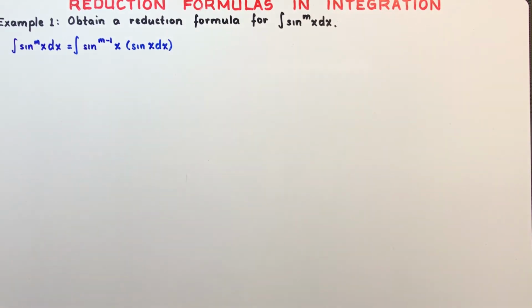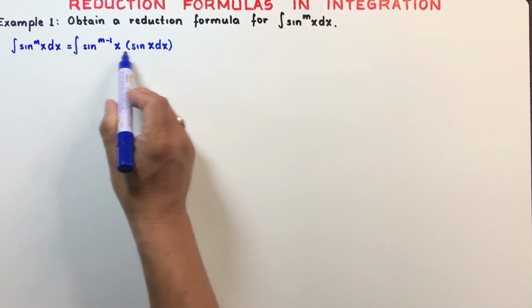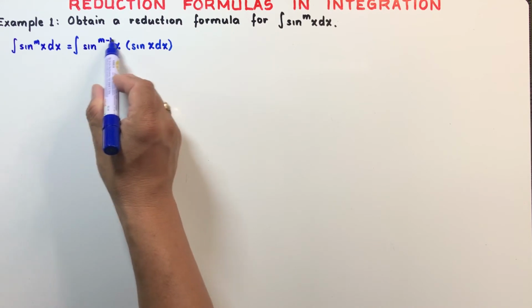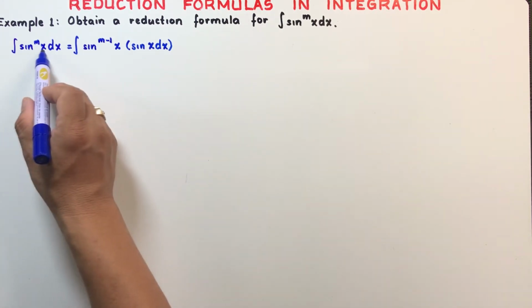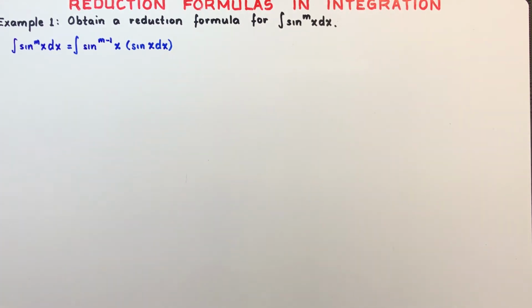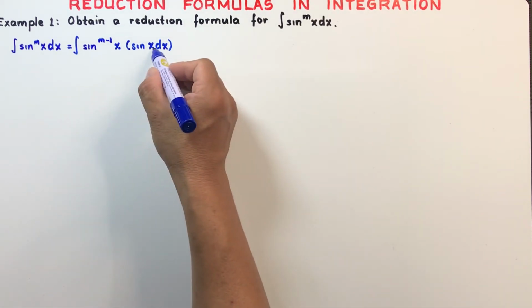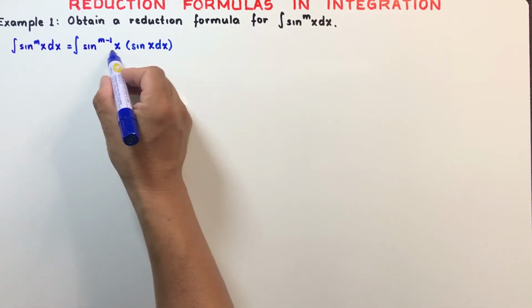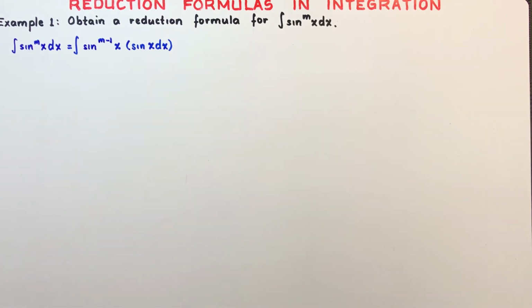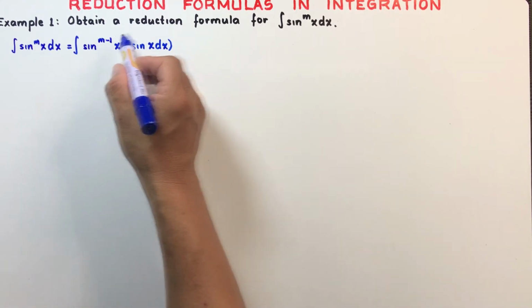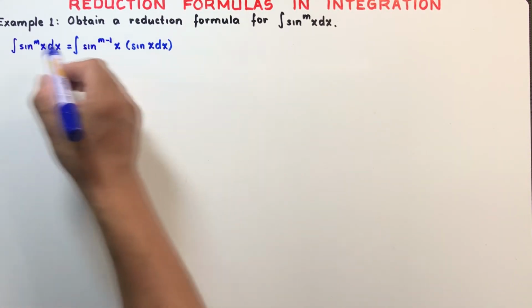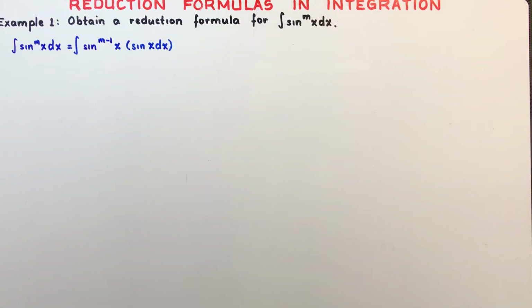And you can check that sine x times sine x to the power m minus 1 is just sine x to the power m, because the exponent of sine x here is 1 and the exponent of sine x here is m minus 1. So adding the exponents, m minus 1 plus 1 is just m. And why do we do that? We do that in order for us to apply integration by parts.